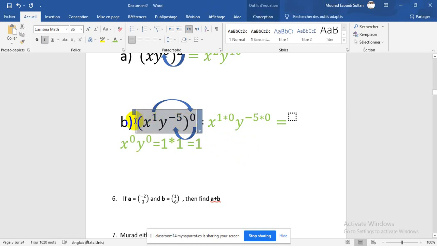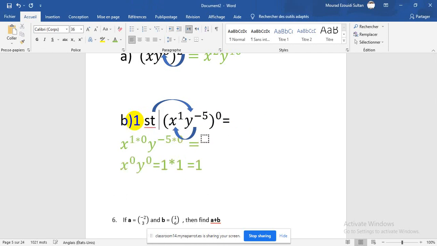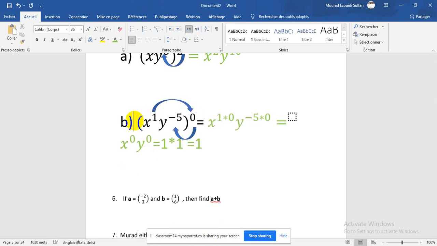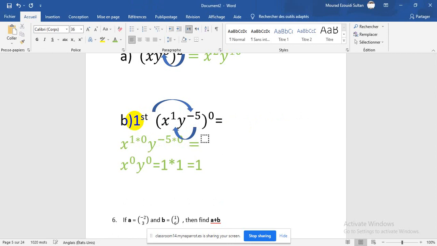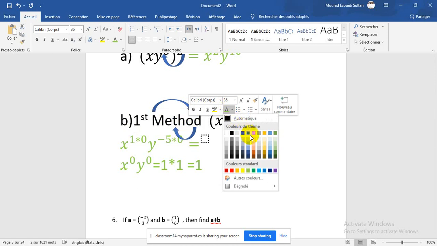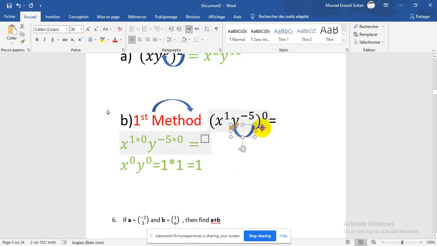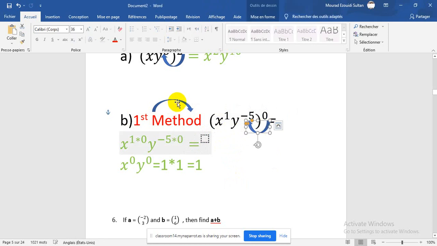I will just write here first method. Okay, this is the first method. I will use color red, and I'll put this here, and this one, my learners, I'll put here.